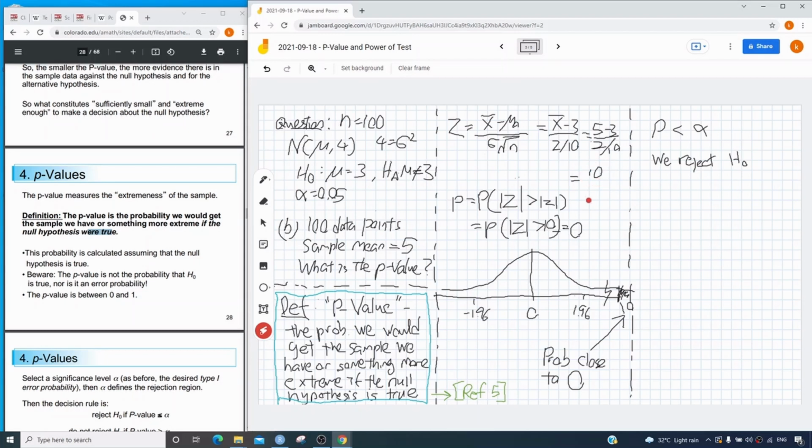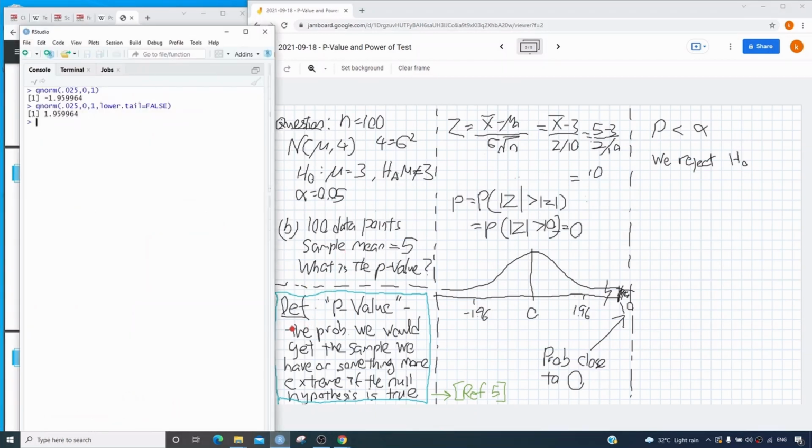So what it is saying is, what is the probability that we get the value 10 or more extreme? If we calculate this, we use R.